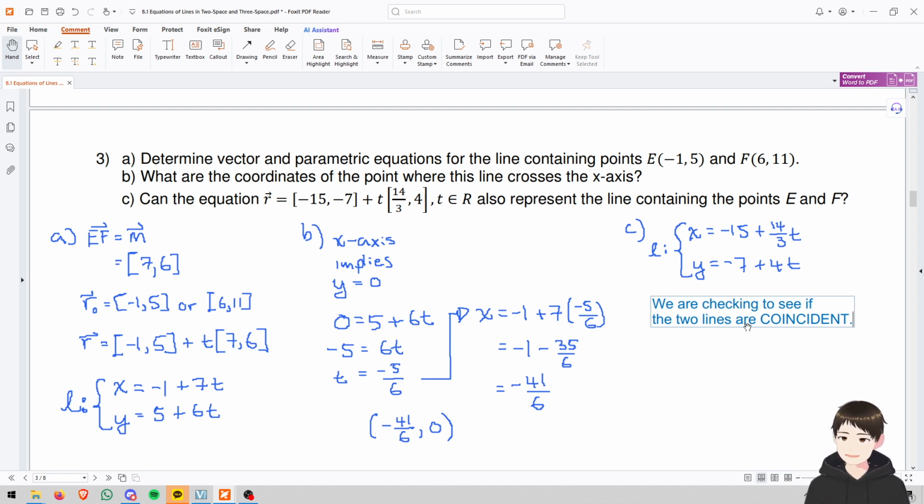In other words, are they the same line? So if you want to know if they're coincident, as I did before, I checked the slopes or the direction vectors. They happen to be the same direction vector, just scalar multiples. So now I'm going to do my previous strategy and check if they are the same.